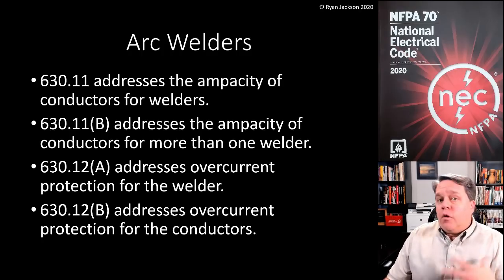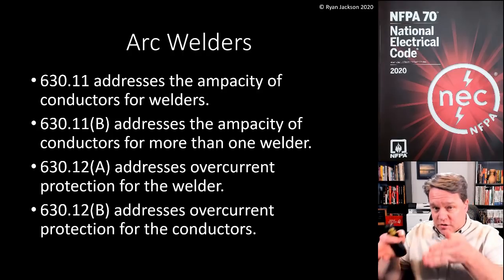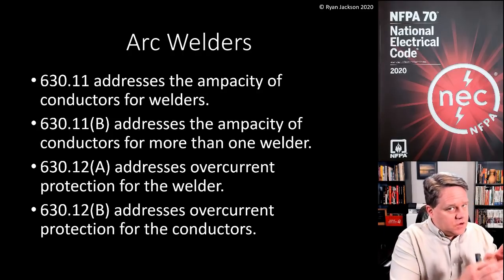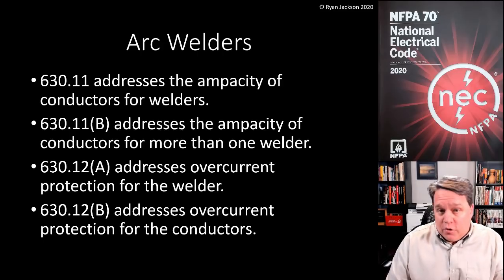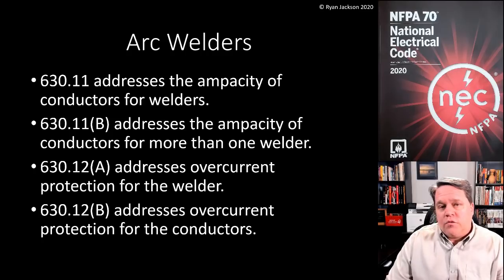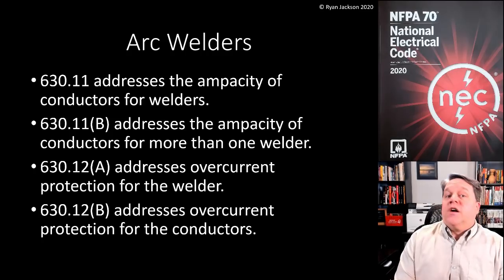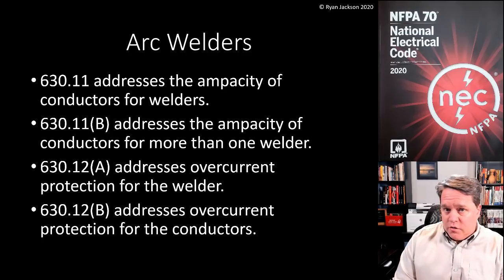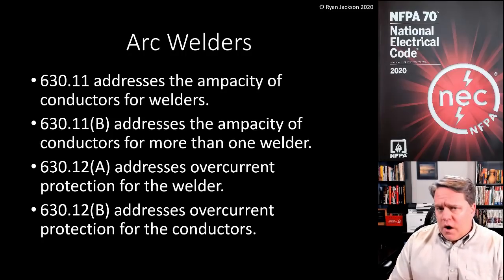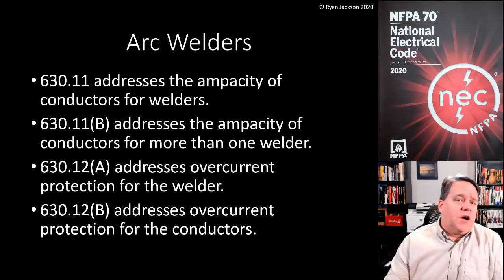Now, for most equipment in the code, we have different rules for protecting the equipment and the conductors. If I'm doing a transformer, for example, I read Article 450, Section 450.3, to learn about protecting the transformer itself. For protecting the conductors, I would go to Article 240. Just like a water heater, it's an appliance, I would read Article 422 to protect the water heater.